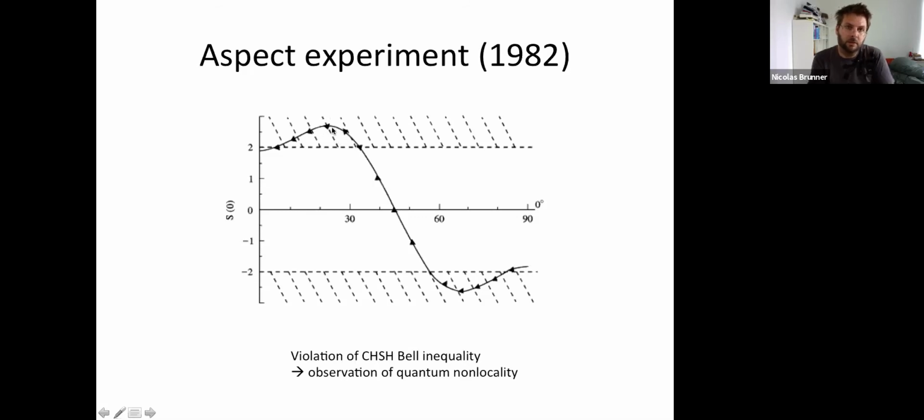So this experiment is really a landmark experiment. It's the first really convincing demonstration of quantum non-locality, or violation of Bell's inequality in the lab. So it's really a pity that Einstein was no longer there to have seen this, but it's really a wonderful experiment.